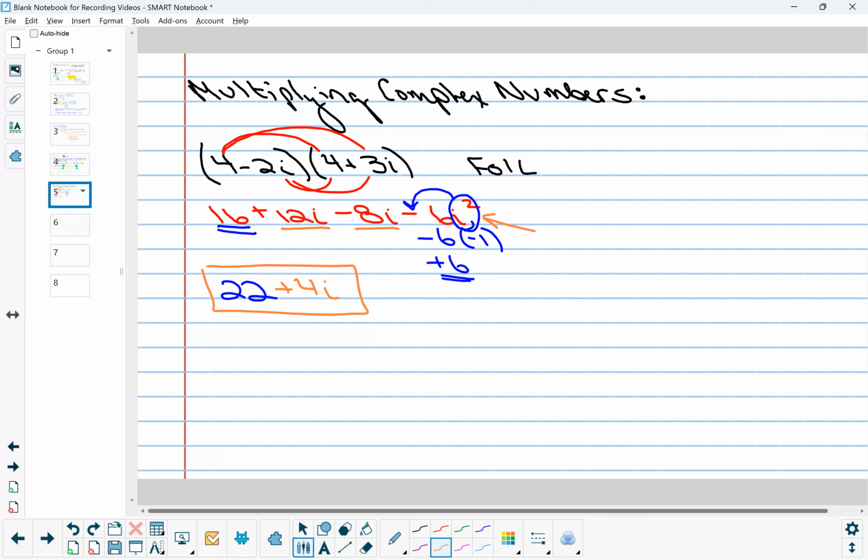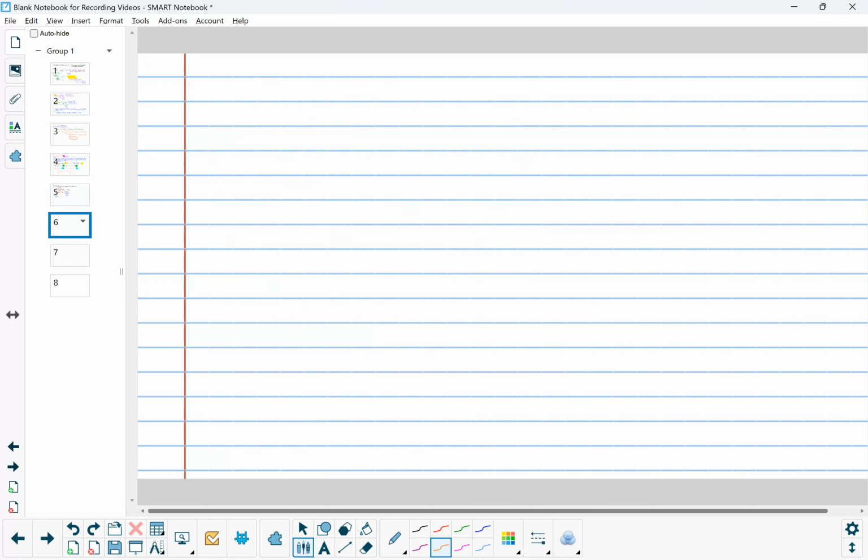And then if you can multiply, you can also divide, because you learned the rules for dividing when you divided radicals. So they're essentially the same. So let's go over those. All right, so we will kind of split this in half.